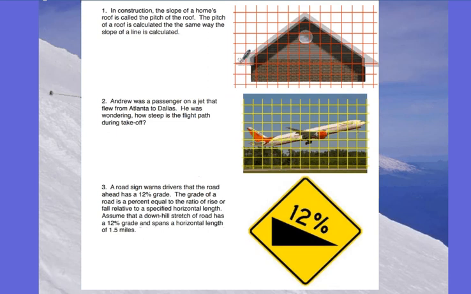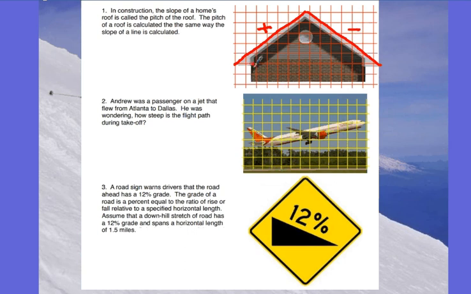Okay, so let's check what we've got so far. On this side of the roof of the house, from left to right, it looks like it's going positive. From left to right, this side of the roof, it's going negative.